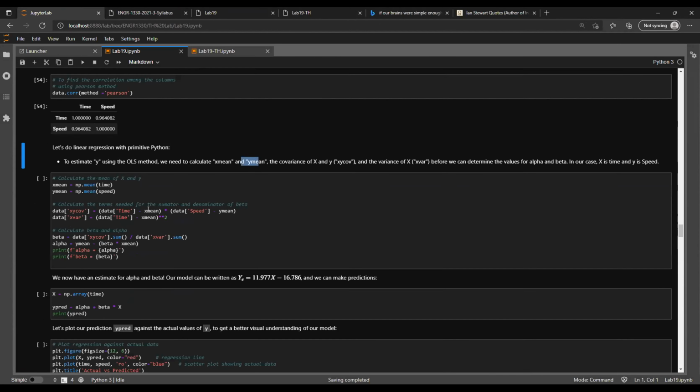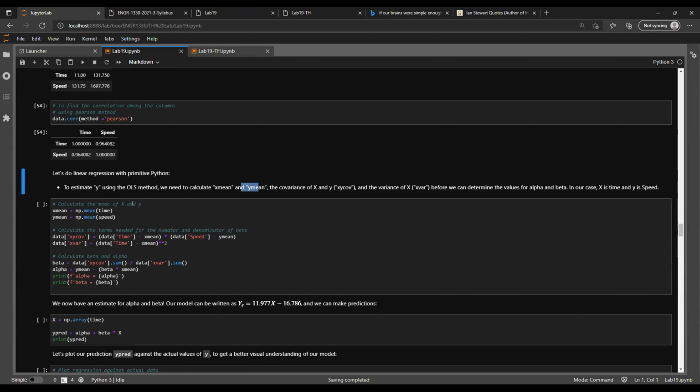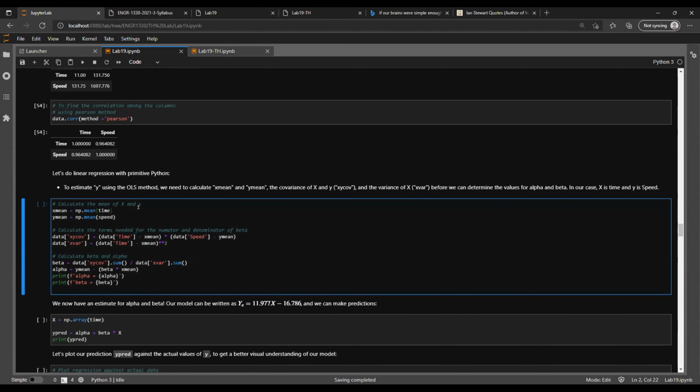All right, so let's actually calculate that stuff. And again, why do we use our NumPys and our pandas? Well, they let us do a whole bunch of nice things that wouldn't be too hard to do. All right, let's get the means of our time and speed. We're also going to get the terms needed for the numerator and denominator of our covariance, which was beta.